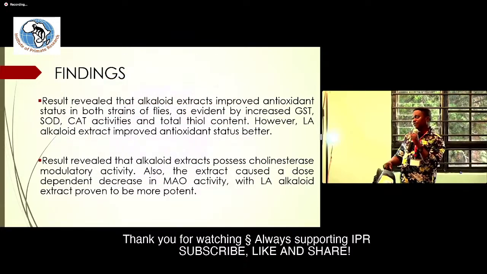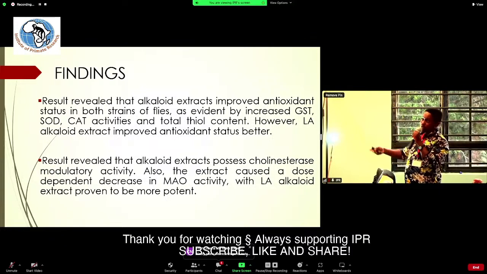So the results reveal that the alkaloid extract improved antioxidant status in both strains of flies, as revealed by their ability to increase GST, SOD, catalase activity, and of course total thiol content. And like I said, the alkaloid extract from Lacetera africana proved to be more potent than its counterpart, Netum africanum.